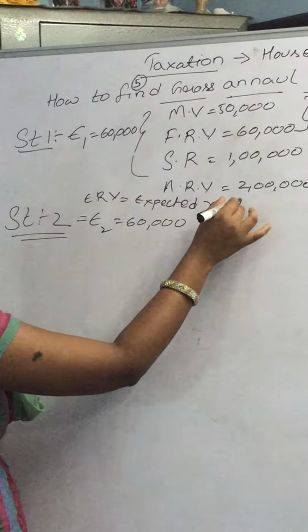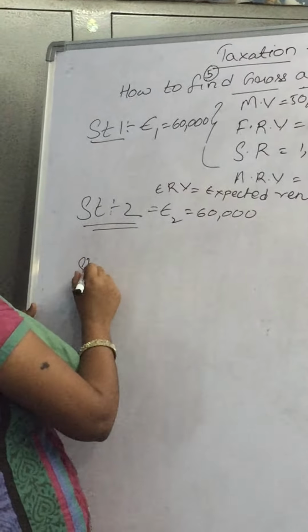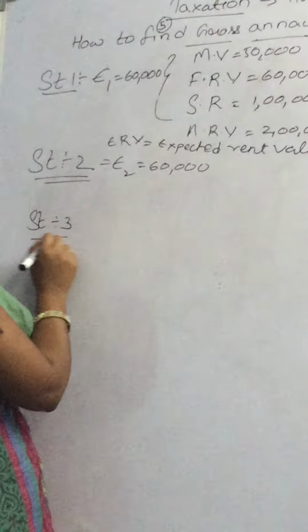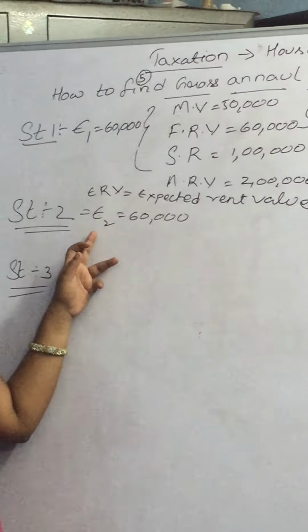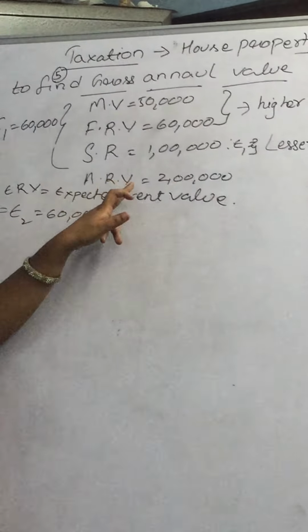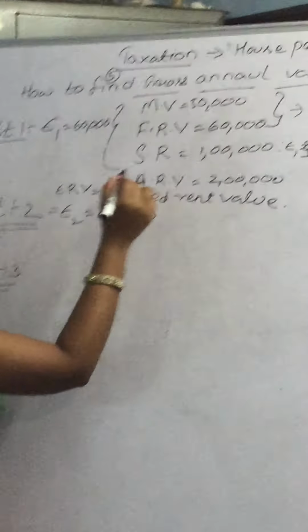Next, step 3. Step 3 is we need to compare E2 and ARV. ARV is nothing but actual rent value.